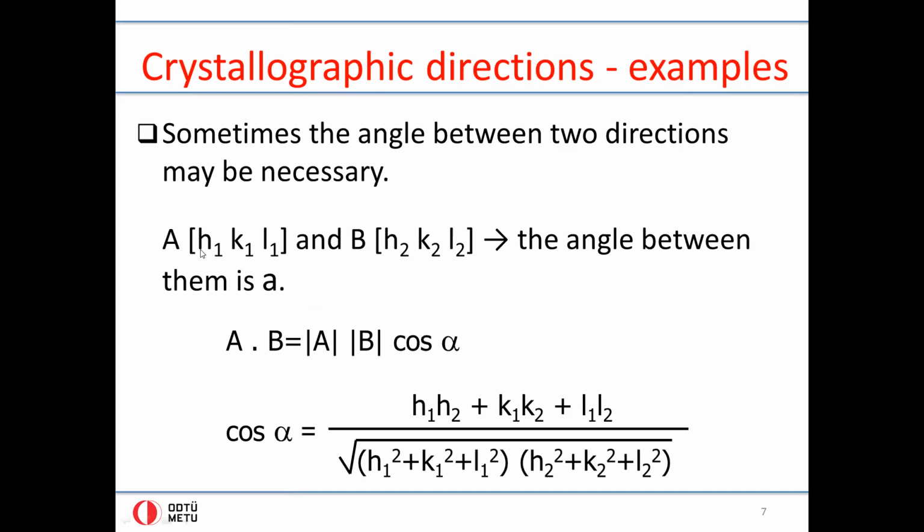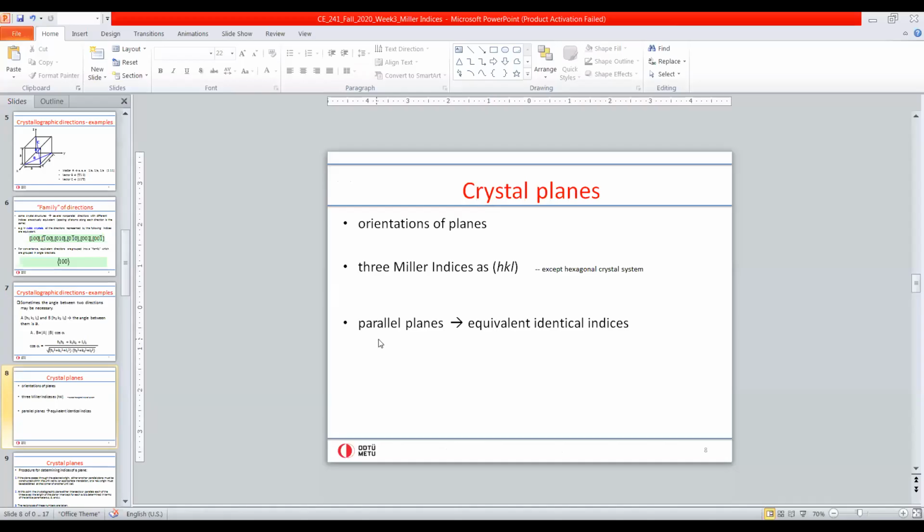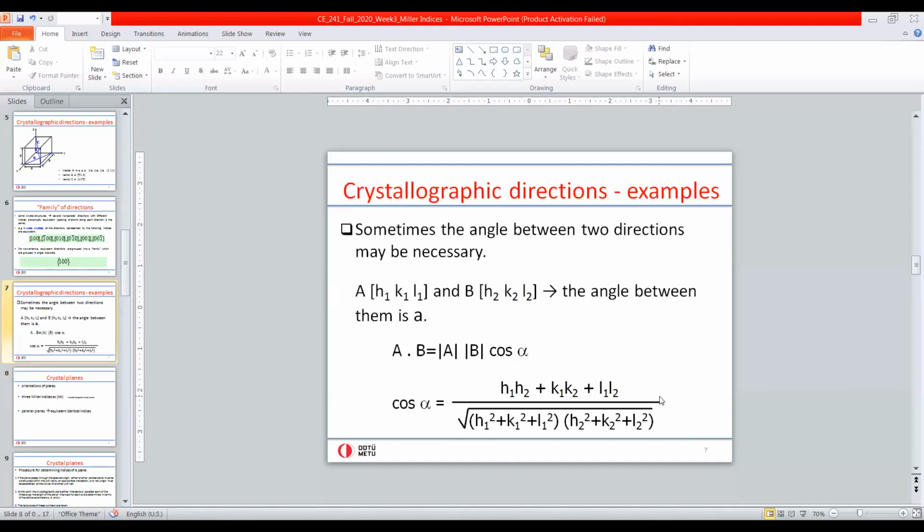So then when you have indices H1, K1, and L1 describing the direction A, and indices H2, K2, L2 describing the direction B, so the two directions A and B, or the two vectors A and B, the angle between them will be, okay, this should also be corrected. So let's correct that as we go along.